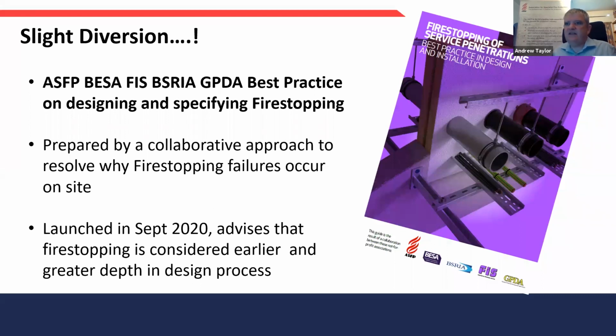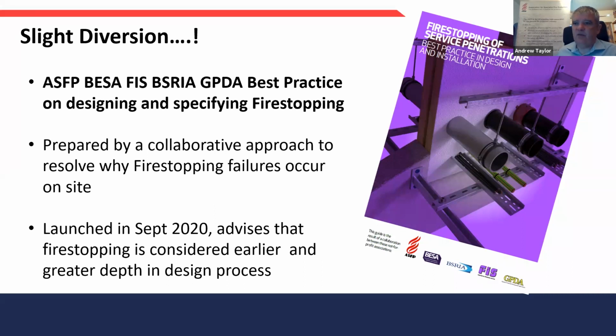So why did these trade associations come together? Well, we asked ourselves at the very start of the process why fire stopping failures occurred. What was it that meant that fire stopping failures were occurring on site? And one of the reasons we came up with as our primary reason was that fire stopping wasn't considered in enough detail, early enough, and well enough in the design process.